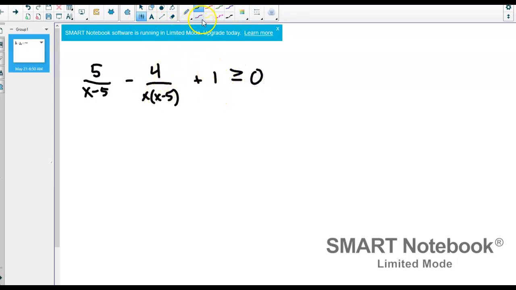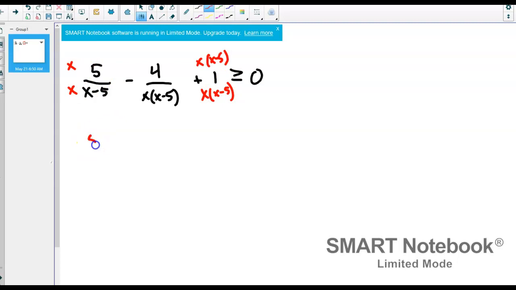So I need to multiply all of these, the numerators, by whatever I need to make sure I have the same common denominator. So my common denominator is going to be this x times x minus 5. So with that in mind, I've got to multiply this one by x over x. And for this one, I've got to multiply by x and x minus 5 both to be able to get common denominators.